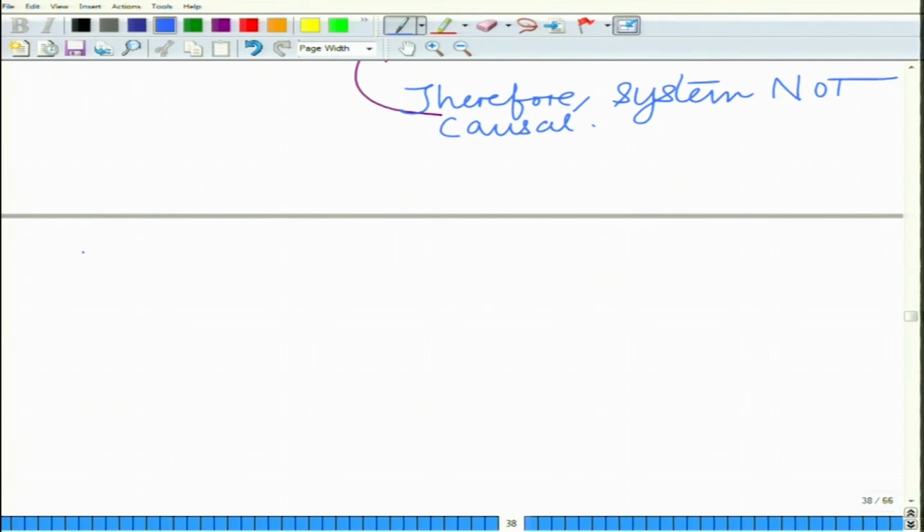Let us do another example, and in this example we will examine the concept of BIBO stability for a discrete time LTI system. Remember, BIBO stability refers to bounded input, bounded output stability.